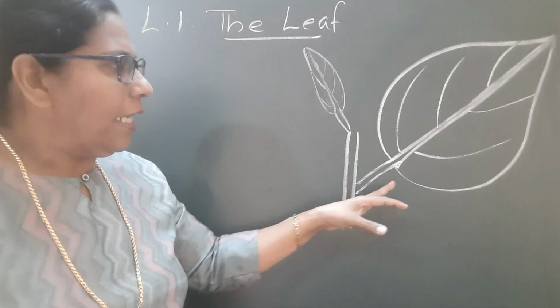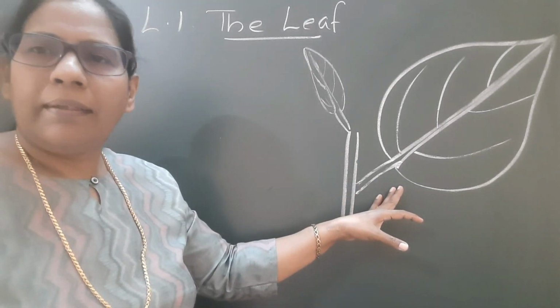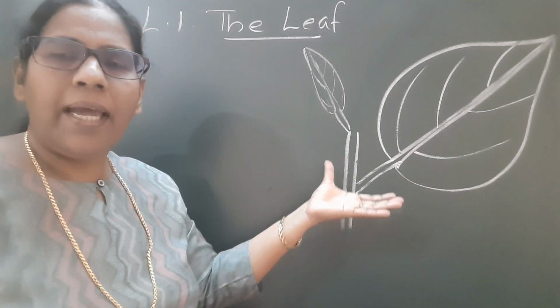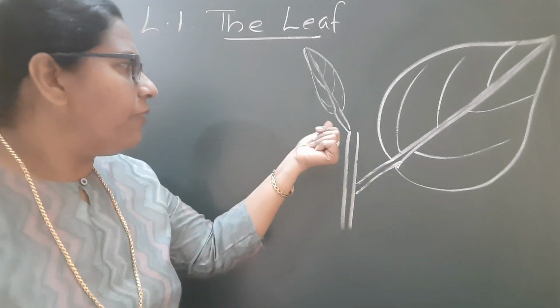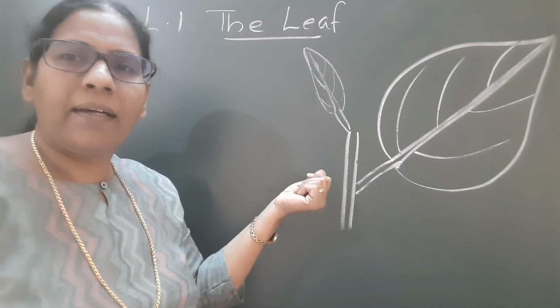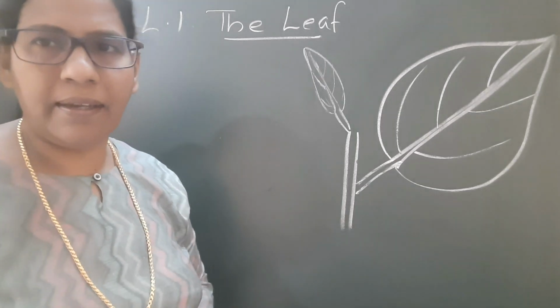The lower leaves will be darker, broad and matured, whereas the upper leaves are small or young and light green in color.